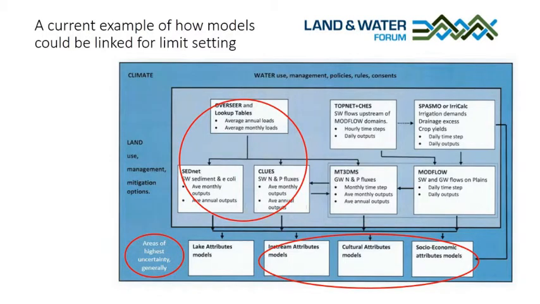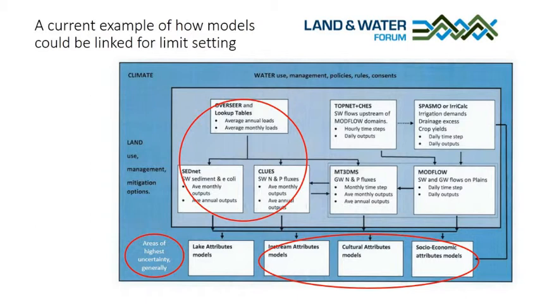This is an example of a modelling architecture that's under consideration for one particular limit setting process. It shows you how the various models would be connected together to translate resource use pressures into, by the time we get to the bottom down here, changes in flow, changes in nutrient concentration, changes in loads, and so forth.